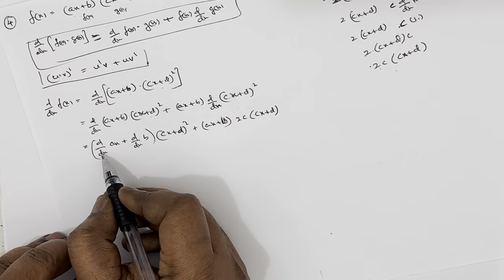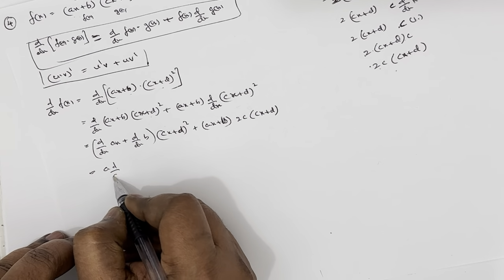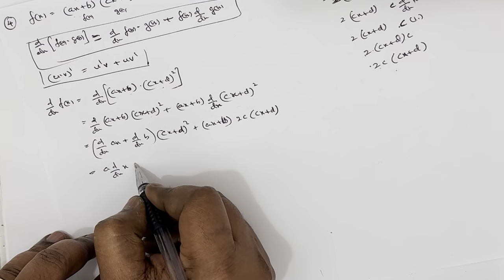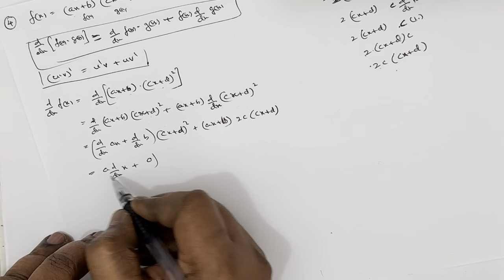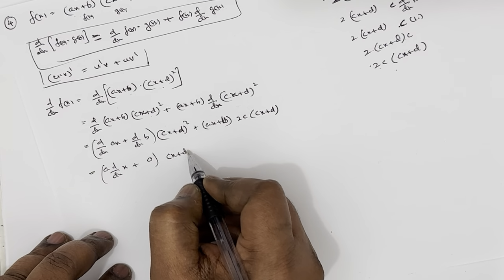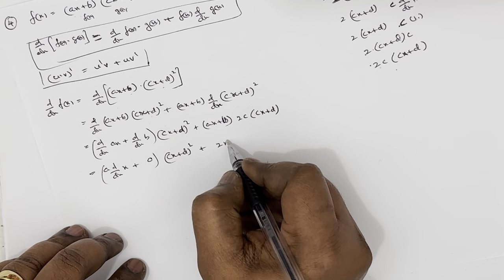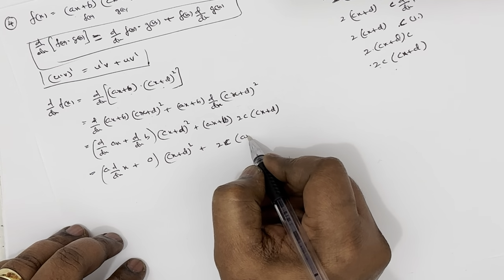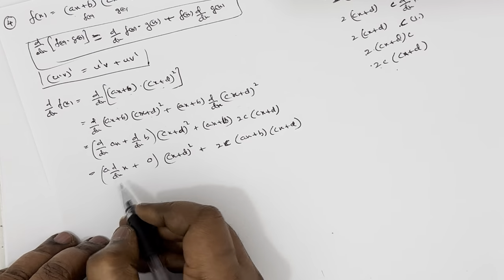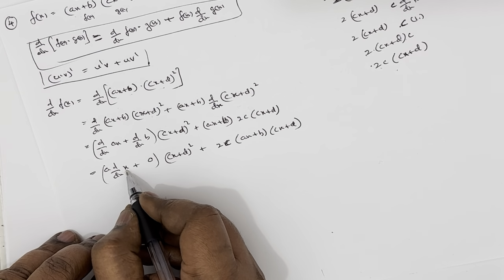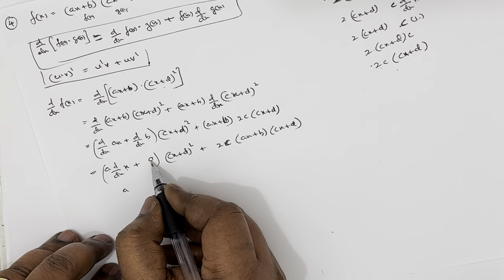So derivative of this one will be a, d by dx of x plus, this is a constant, it will be 0, so again (cx + d) whole square, plus, let's write it forward, 2c (ax + b)(cx + d). So the derivative of x is 1, 1 into a will be a, plus 0 will be a.